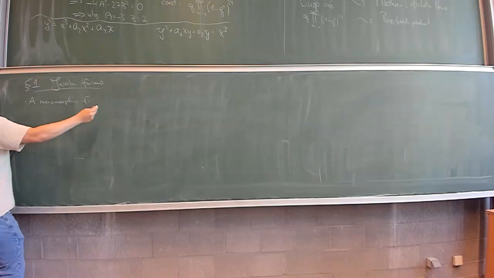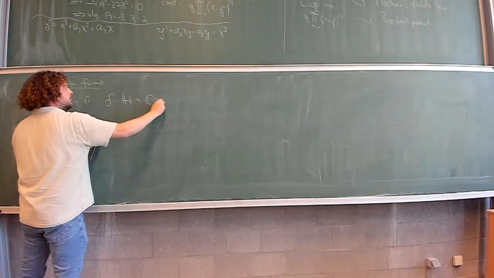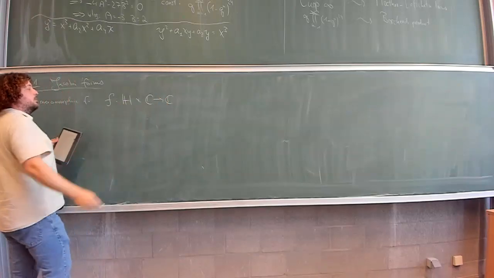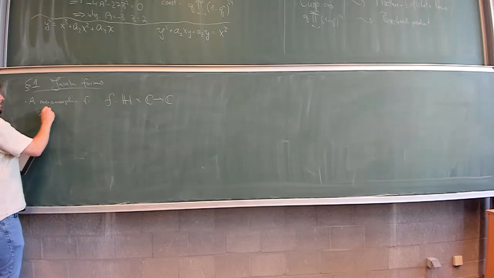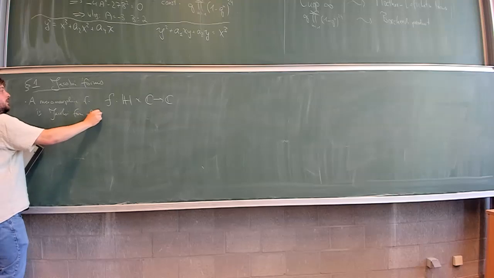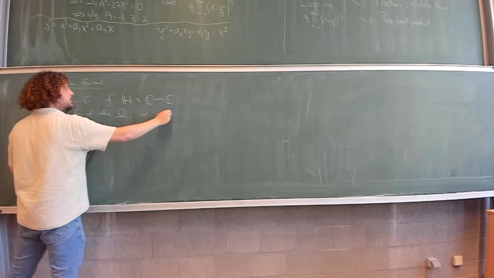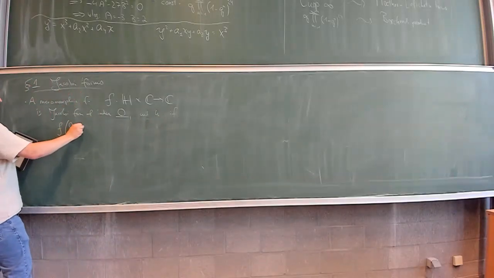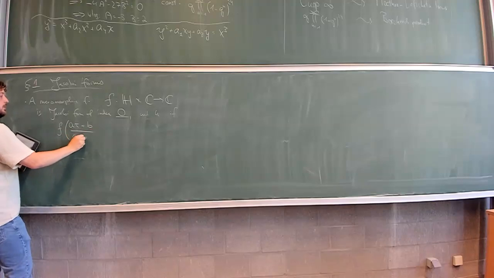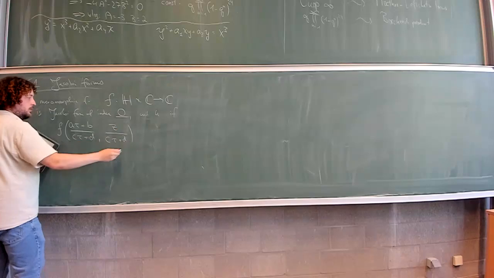Here a meromorphic function from H times C to C, where H is the upper half plane, is called a Jacobi form of index 0 and weight k if it satisfies some kind of modular transformation law.